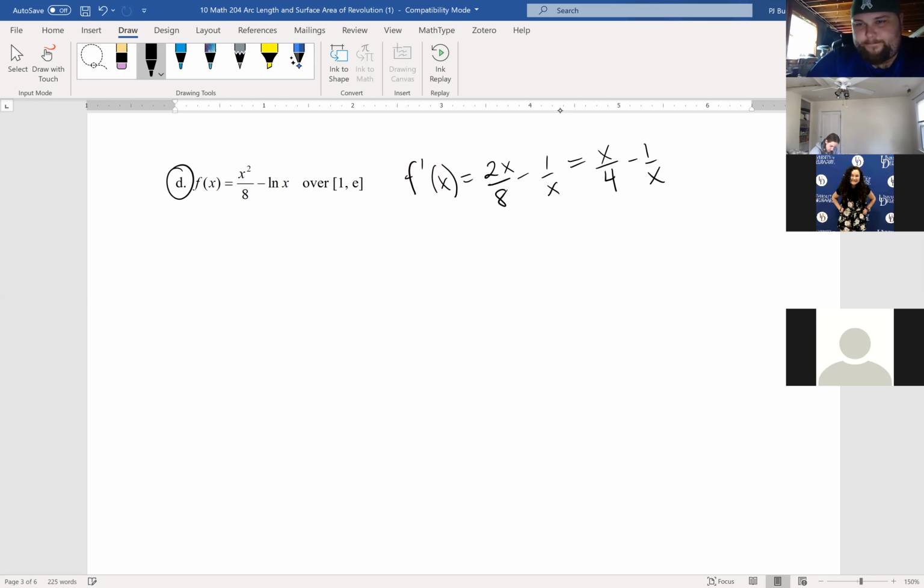So we get that, right? And off the top of my head, I can't remember if I want to put these together or not. I'm not sure what's the best method. So let's go ahead and do that to see what it looks like.